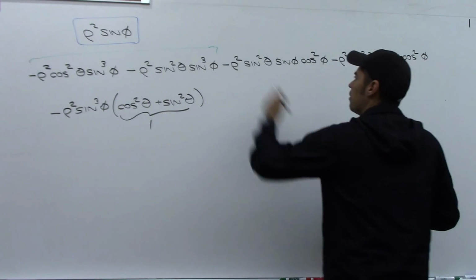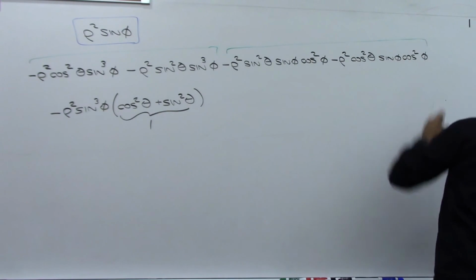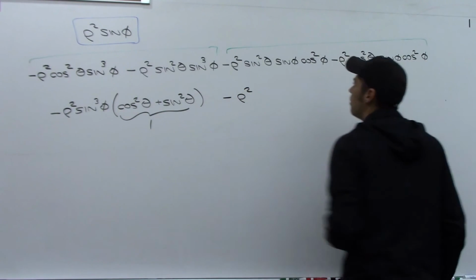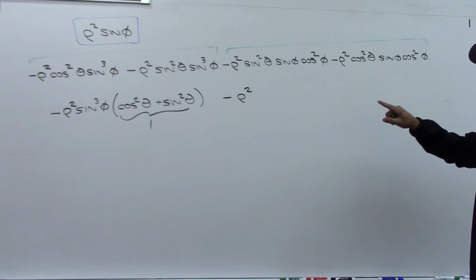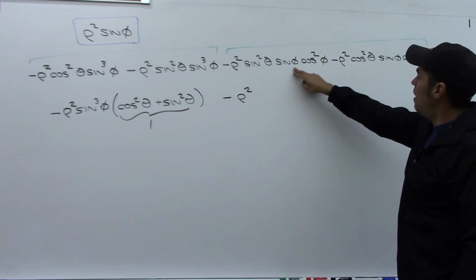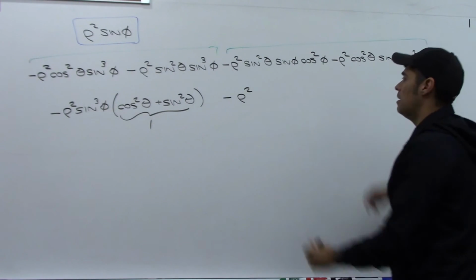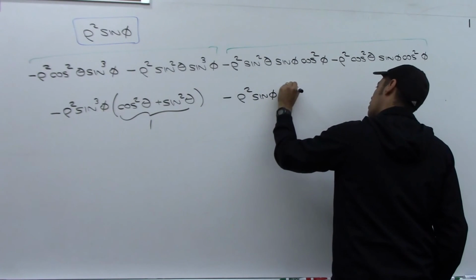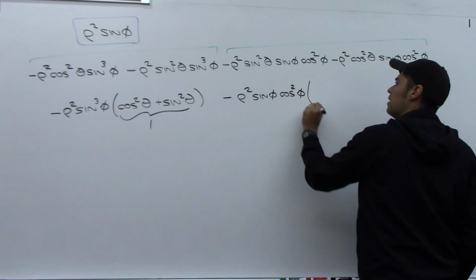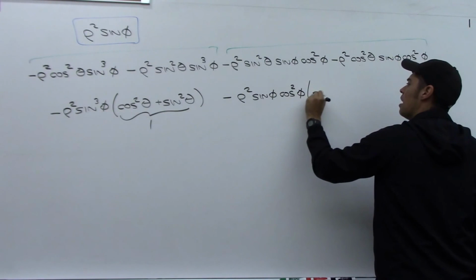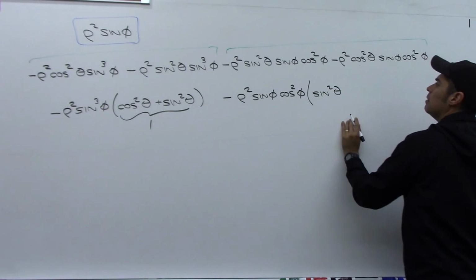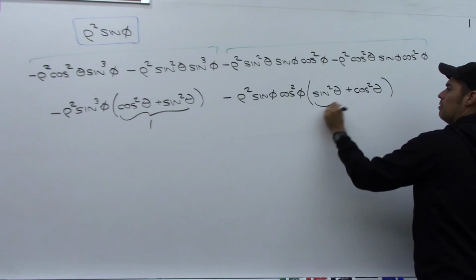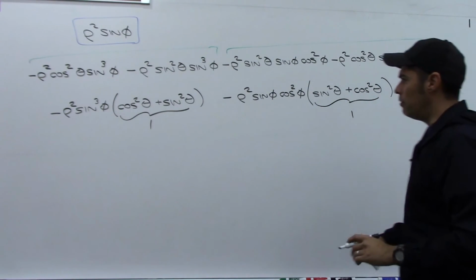Over here, if I focus my attention on these, they both have a negative rho squared. I can pull that out. They both have a sine phi cosine squared phi. So I'm going to pull out a sine phi cosine squared phi. If I do that, I'm left with a sine squared theta plus a cosine squared theta again, which is a 1. That's beautiful.